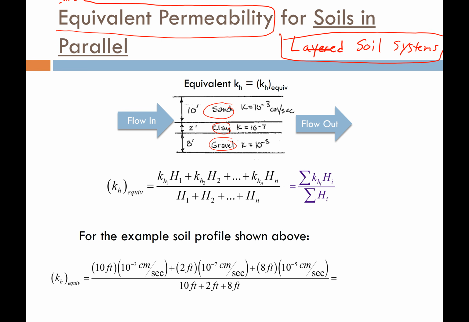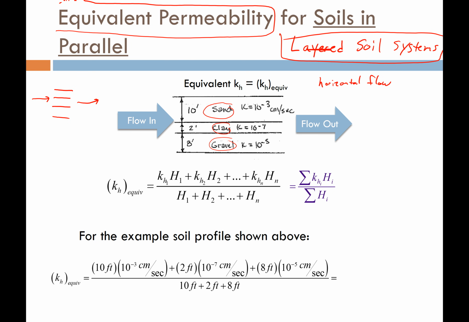If you recall maybe from your training in electricity or electronics, when we have flow in parallel, it means that it's flowing through multiple circuits simultaneously and then coming out on the other end. So similarly, we're flowing through multiple layers of soil at the same time, and it's just coming out the other end. If soil is layered horizontally, then this means we have horizontal flow of water.